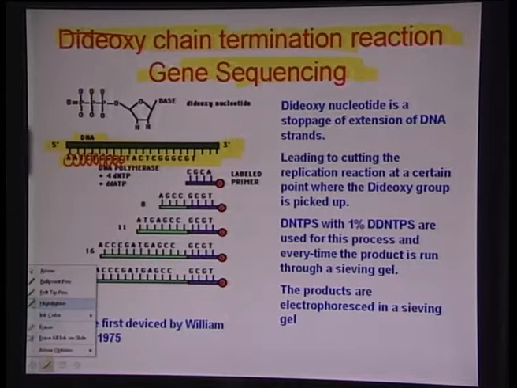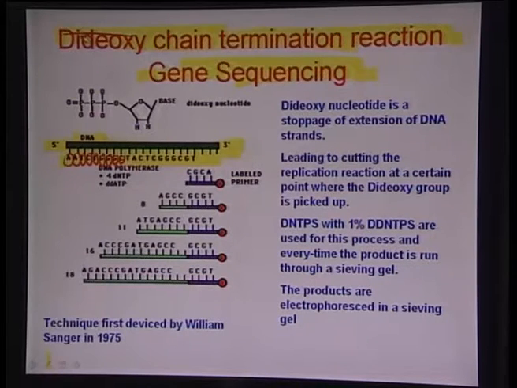So, let us suppose, as we were talking before, we want to detect the sequence on this particular single stranded DNA molecule which you are seeing here from 5 prime to 3 prime. So, you need the following for detection. You need a DNA polymerase. You now already know how the DNA polymerase works.